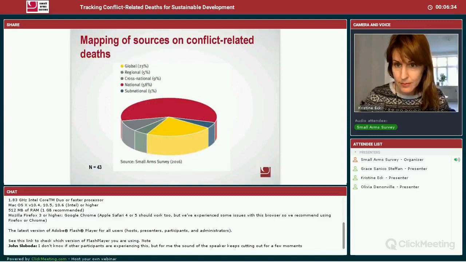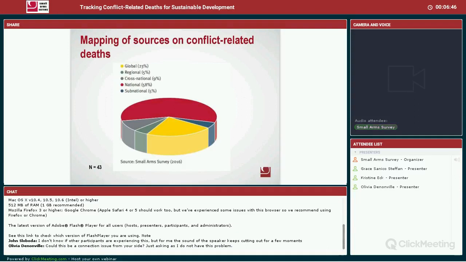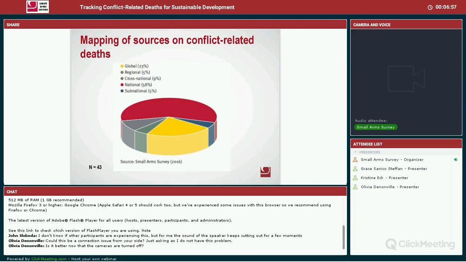Basically, here in the Tracking Conflict-Related Deaths paper, Irene mapped 43 sources, and out of them only 3 were from international organizations. This gives you the feeling of the wealth of information that comes from civil society, from academia, and from other actors other than the international organizations.